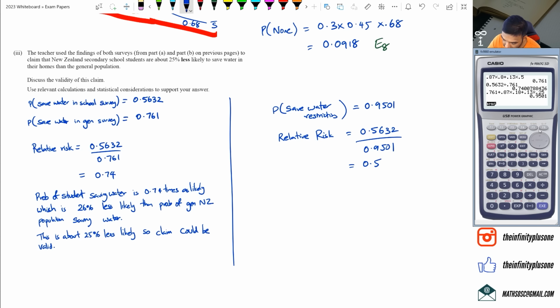So 0.5632 divided by 0.9501 is 0.5928. And so we are going to write the same statement that we just wrote here. I'm going to kind of cheat here just because I'm too lazy to actually write this whole thing again.